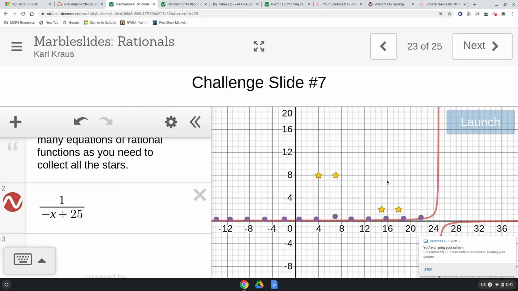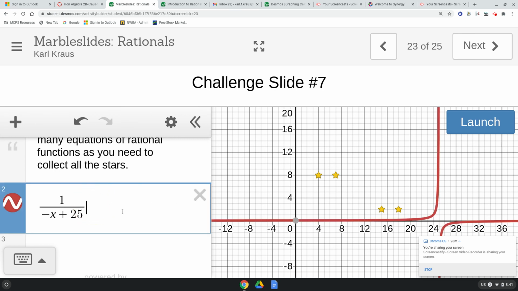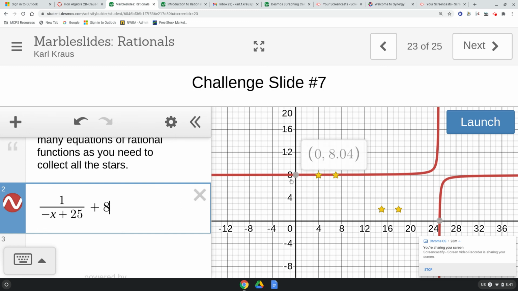I couldn't see it when I first did this, but now I want to move this graph up 8 units. And then I want to cut it off somewhere so I can catch the marble on the other side and get it to go the other way. So I used x is greater than 4.